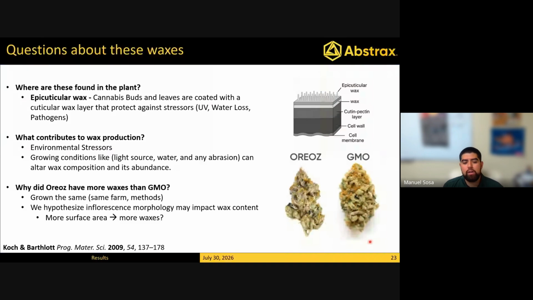But right now, my current hypothesis is that it can be something due to bud morphology. Oreos being a bigger bud, having more surface area for all of these alkanes to be grown. But further study needs to be done with this, looking at multiple different cultivars and trying to understand how this works.